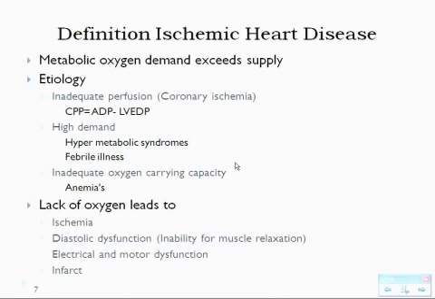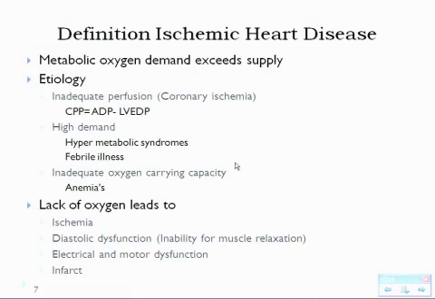And that has to do with that equation, which is coronary perfusion equals ADP minus left ventricular diastolic pressure. But there's, yes? Aortic diastolic pressure. Okay. The high demand problems, on the other hand, are hypermetabolic syndromes.